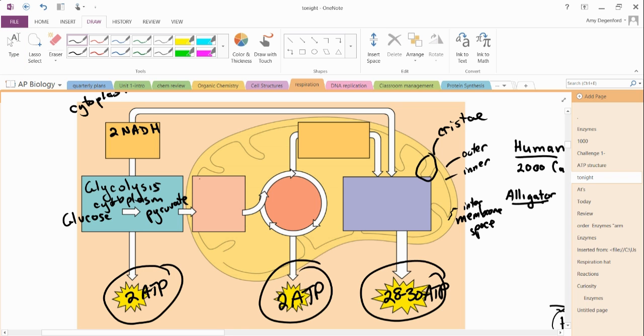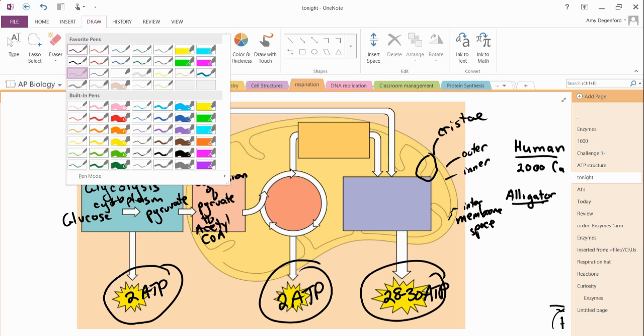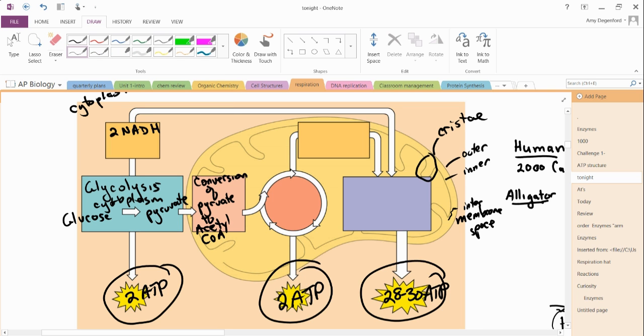Now, this pyruvate has to be converted. So this is the conversion of pyruvate to something called acetyl-CoA. And we can talk about what that means tomorrow, but conversions of pyruvate to acetyl-CoA.